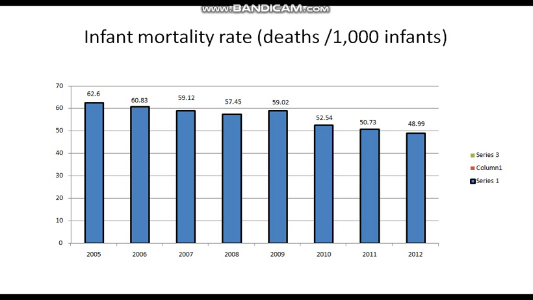From the chart we see that in 2005 the mortality rate was 62.6, which is very high, and it starts decreasing from the year 2006 except in the year 2009.